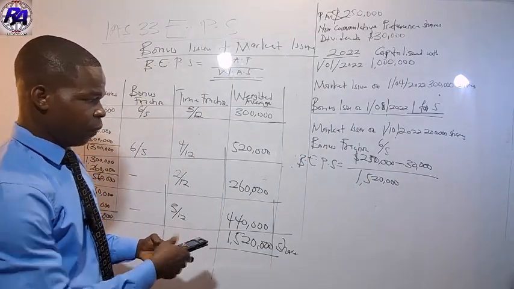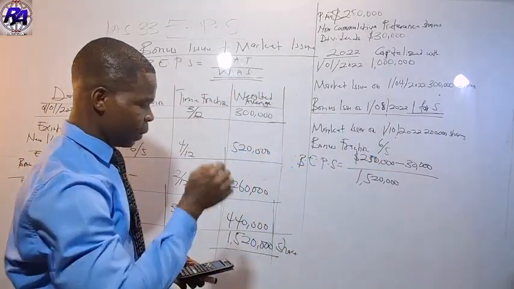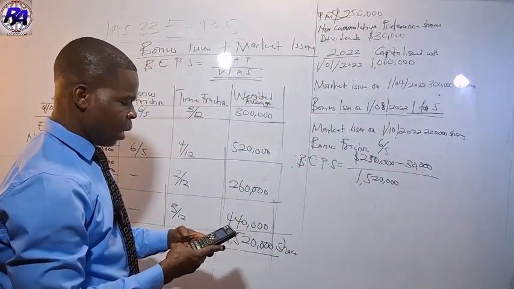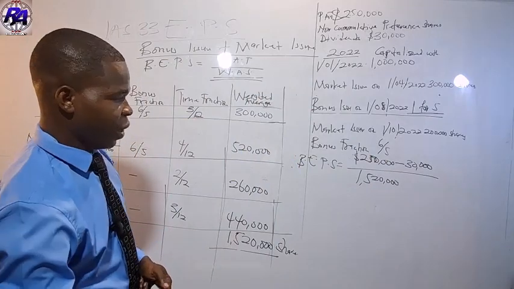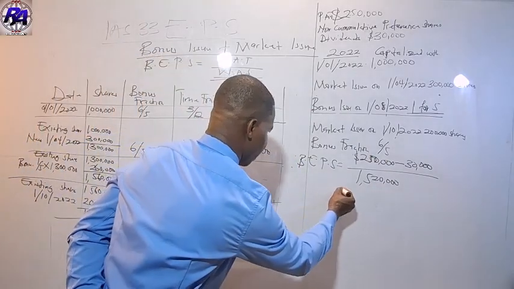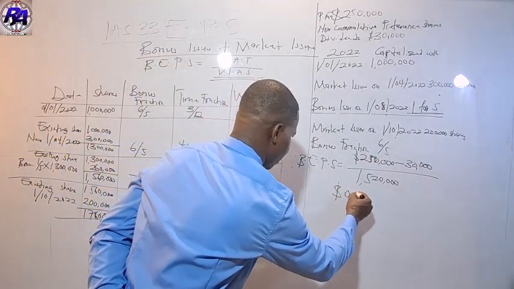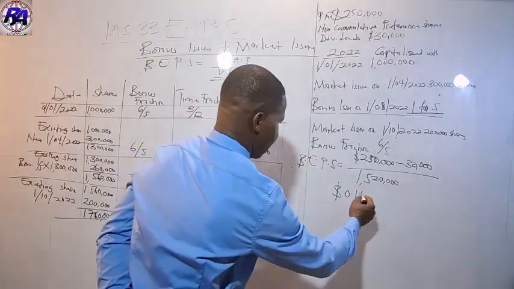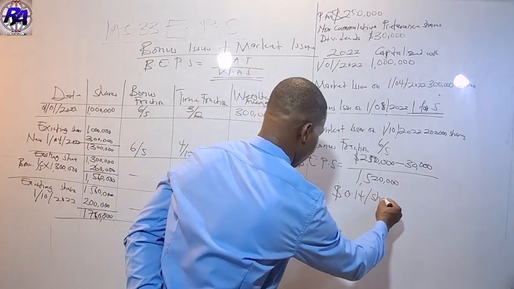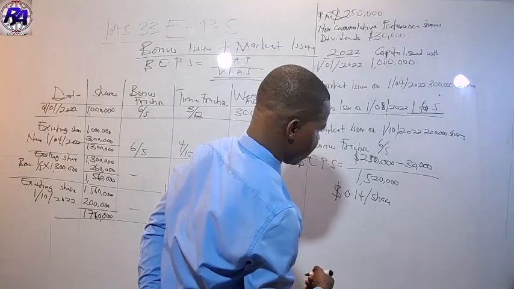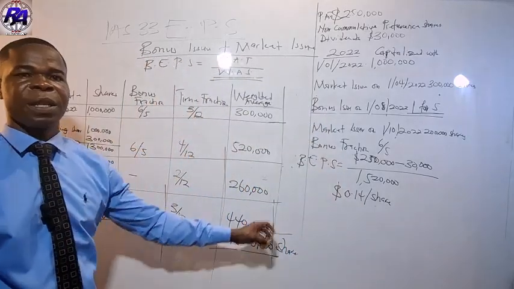If you take this away, you get 220,000, all divided by our weighted average number of shares. So if you do it correctly, we are going to get our earnings per share to be $0.14 per share, or we can call this 14 cents per share. That is basic earnings per share.